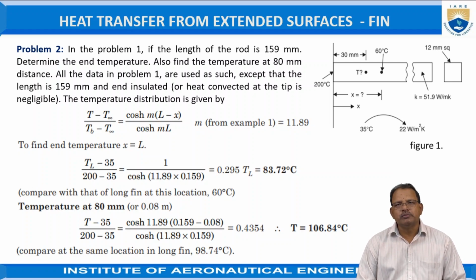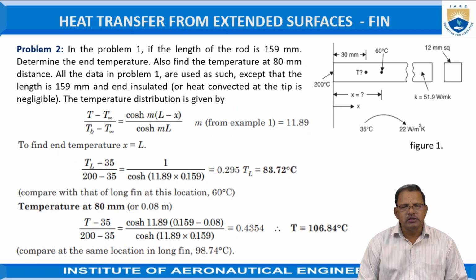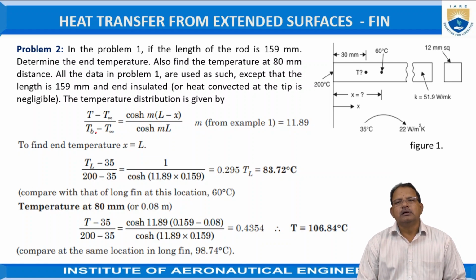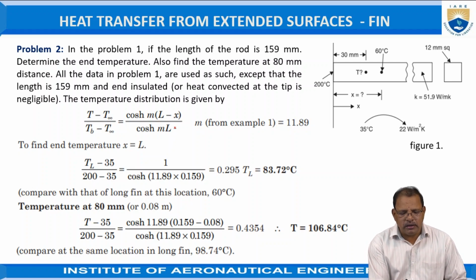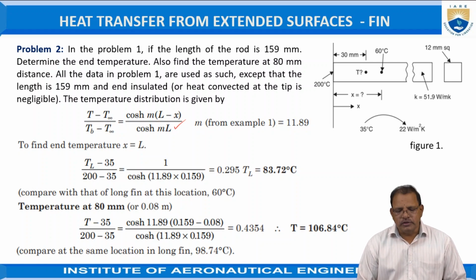The temperature distribution is given by the equation (T minus T alpha) divided by (TB minus T alpha) equal to cosh of m(L minus x) divided by cosh mL, where m we already determined in the example, equal to 11.89.